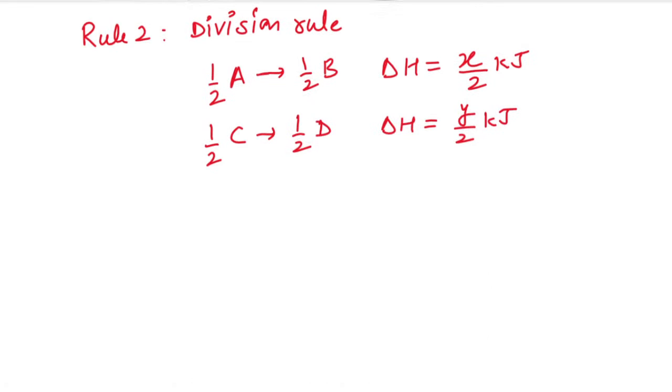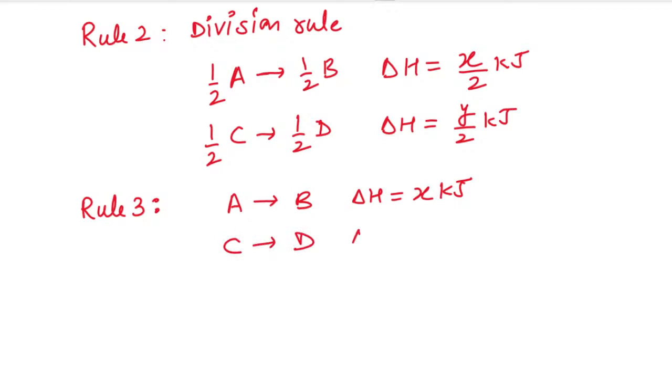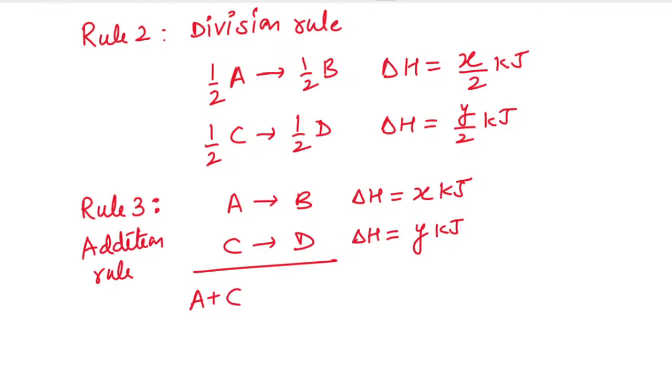Now rule number 3. A to B, delta H is X, and C to D, delta H is Y. Now we add them, the addition rule. If we add these equations, we have to do the same with the enthalpies.